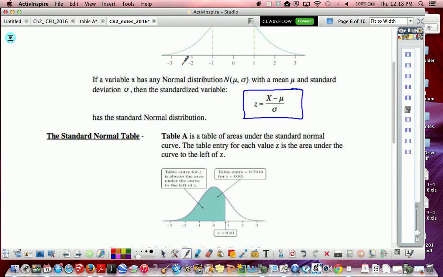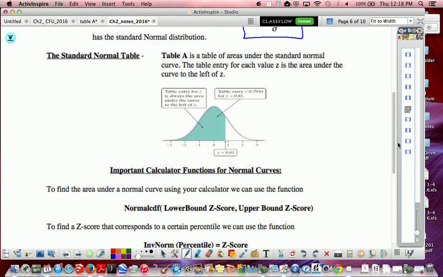Okay? This is where this pink sheet with table A on it comes into play. How table A works is this. Table A calculates out your z-score, and what it will do is it gives you all the areas under the normal curve at a particular z-score, and it represents the proportion only to the left of the z-score.